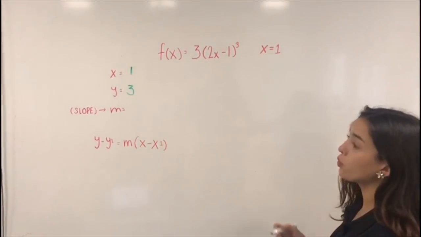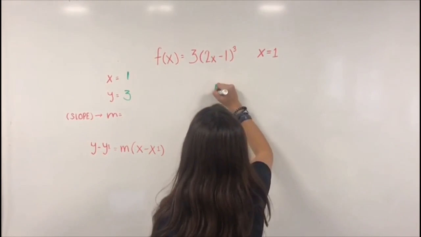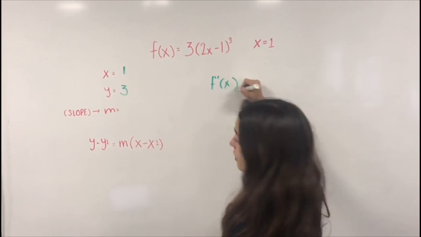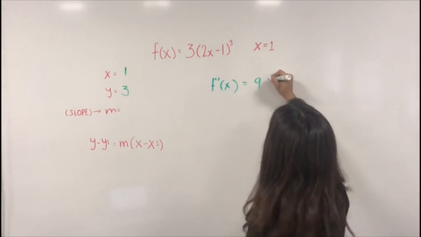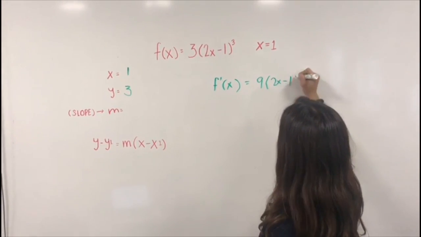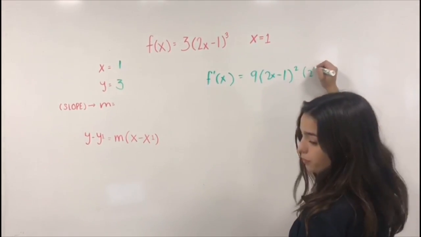So when you use the derivative, you need to use f prime of x. And this would be equal to 9 parentheses 2x minus 1 to the second power times 2.